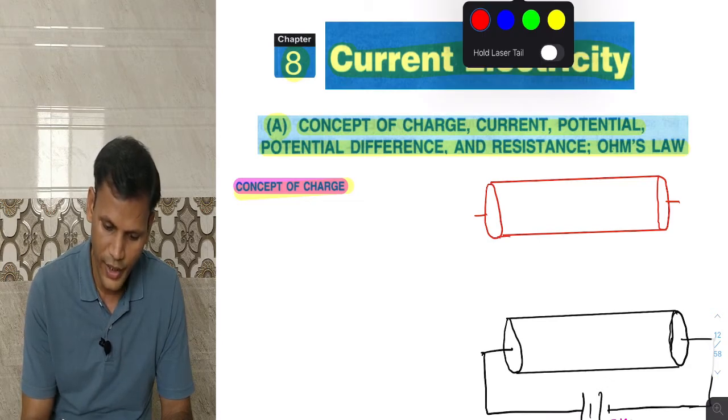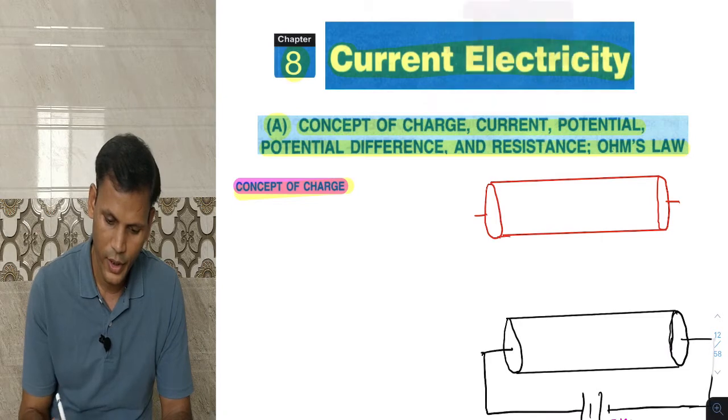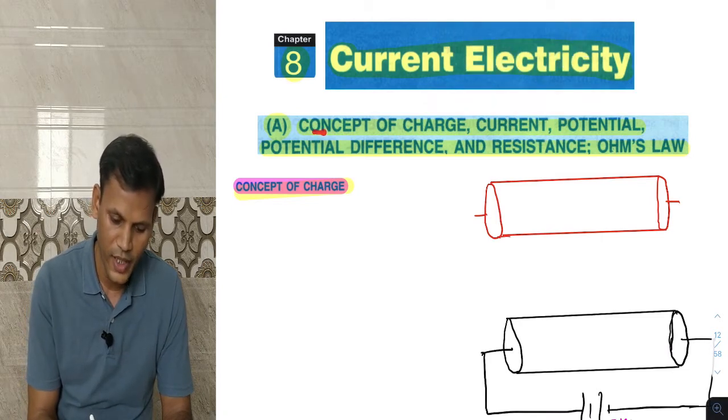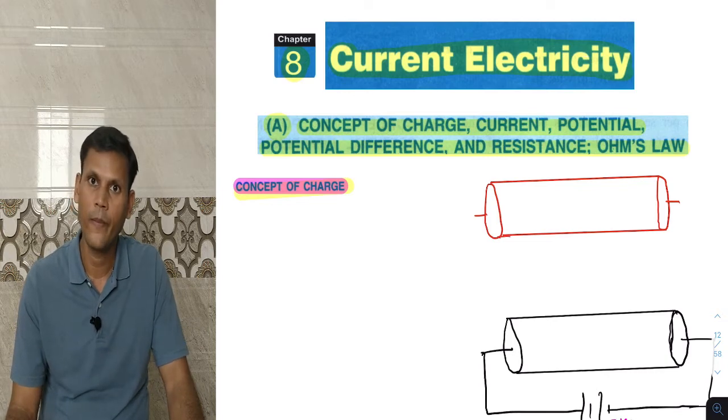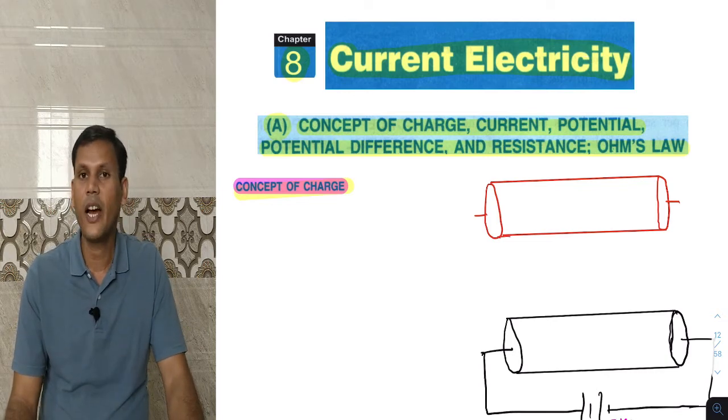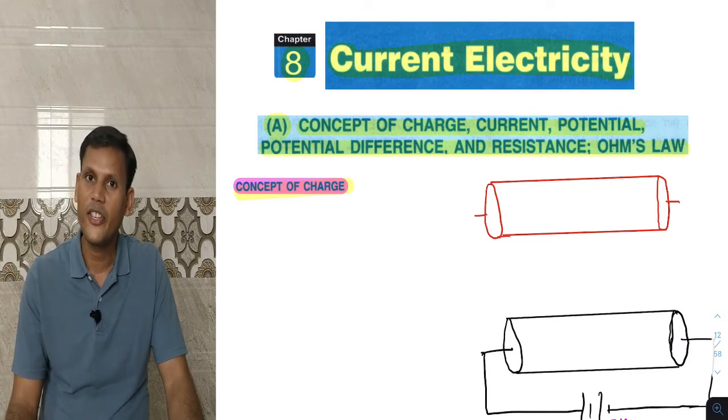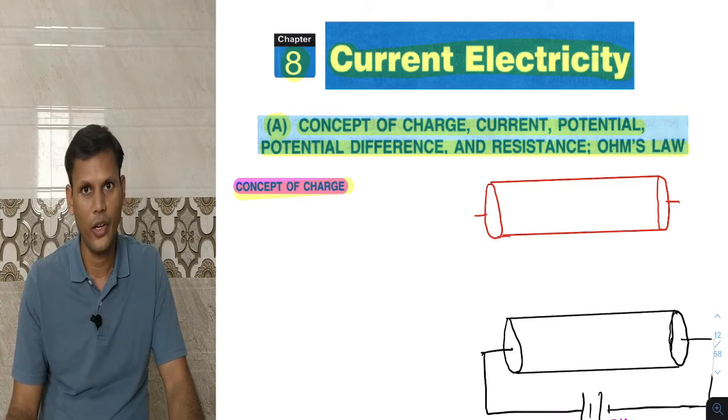Initially we will discuss the concept of charge. First term we have is the concept of charge. We know what charge is. Charge is the flow of electrons.